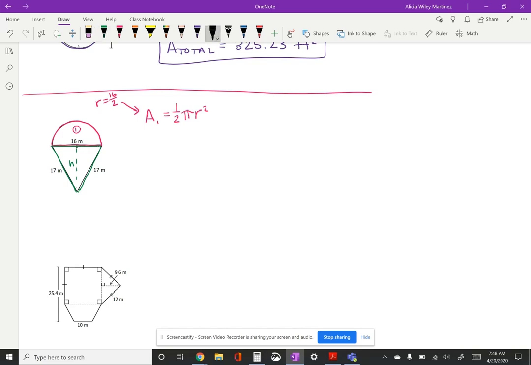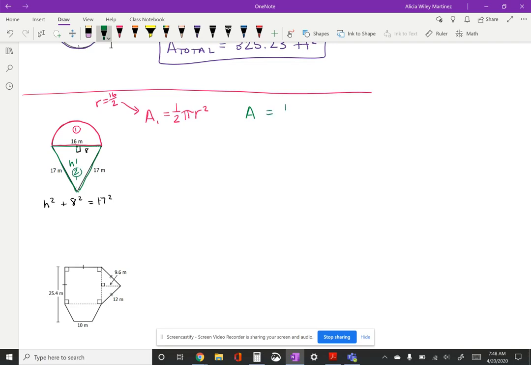So in order to find the height, this is a right triangle, you're going to have to use the Pythagorean theorem. h happens to be a leg, so you're going to do h squared plus 8 squared equals 17 squared. So in going through that work, you'll be able to find the value of h, which then will allow you to find the area of my second region, which is that big triangle.